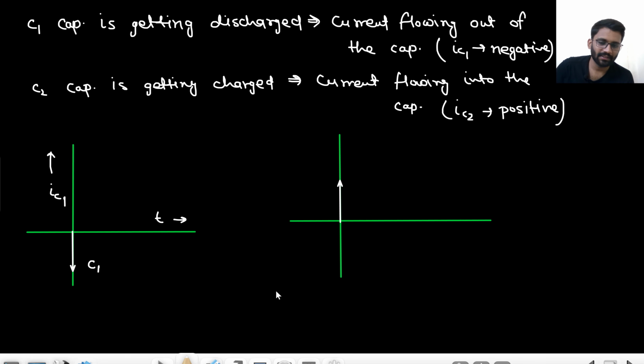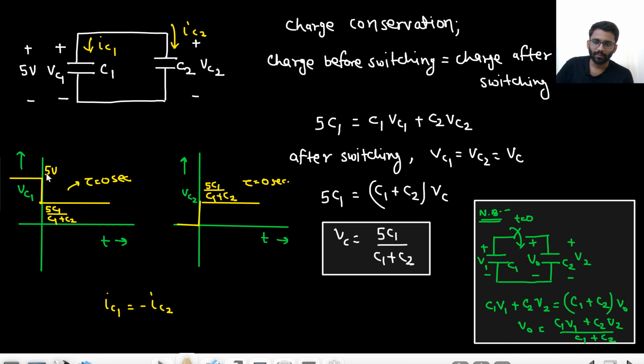C1 capacitance, like what will be IC? IC will be C dVc by dt. The change in capacitance voltage, from let's just call this potential V dash. We are calling this potential V dash so that we can actually write it. So what is happening?